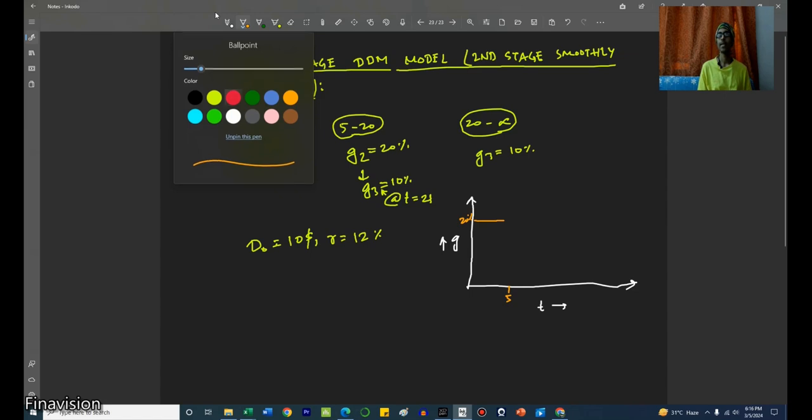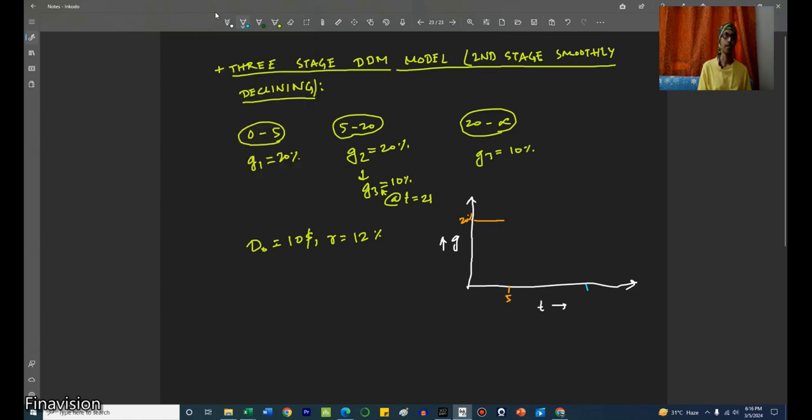Then suddenly from 5 till 20, here is 20 or 21 rather, the growth rate smoothly declines to 10%.